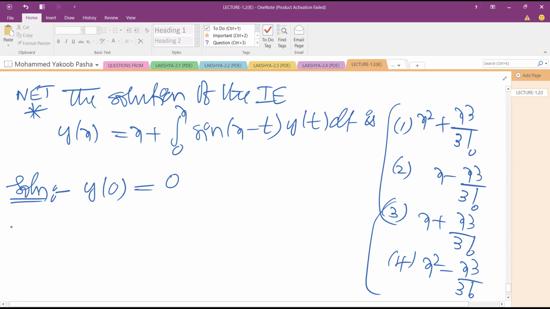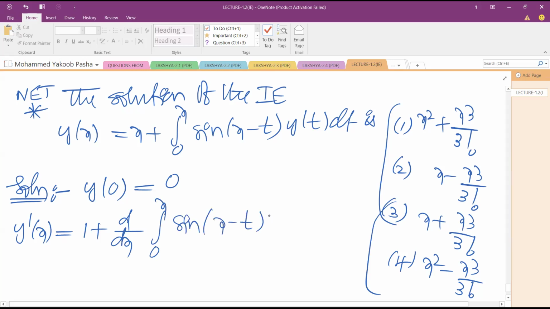Now differentiating with respect to x. The differentiation of x is 1. Then differentiation of the integral, this rule you can use here. I am writing one more step: d/dx of integral 0 to x sin(x minus t) y of t dt.